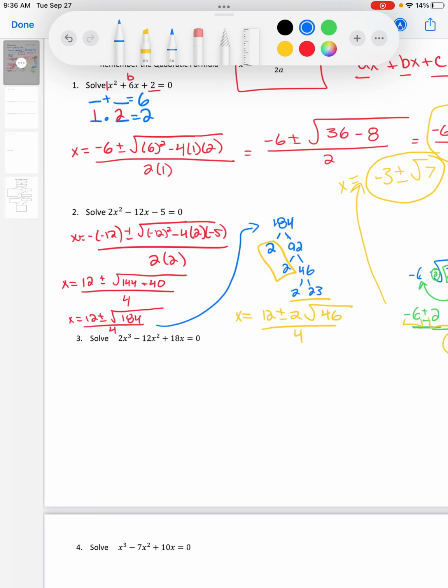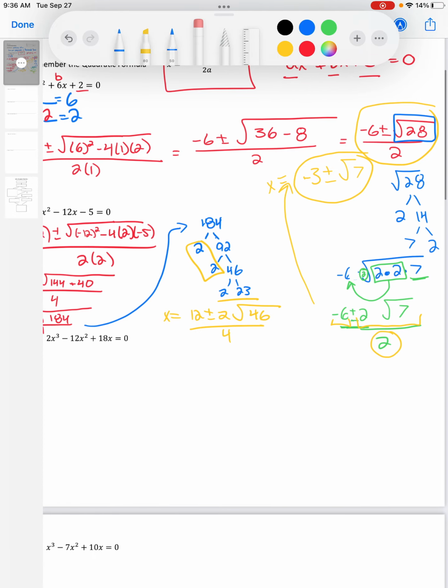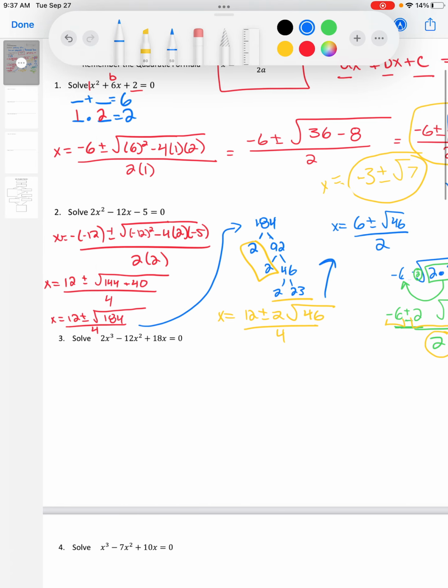So can we simplify that a little bit further? Yes, we can. 2 goes into all of those, so I get x is equal to 6 plus or minus the square root of 46 all over 2. So those are solving with the quadratic formula. That was just a quick review of how to do it because we're going to be using the quadratic formula going forward.